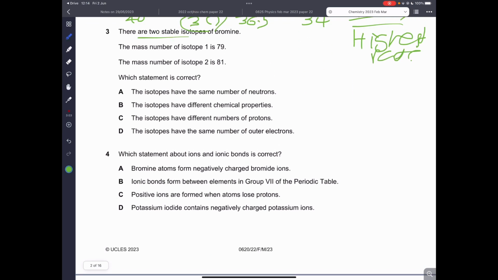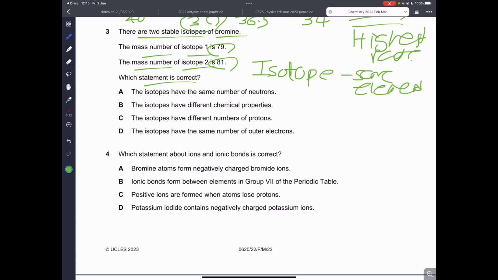Question number 3, there are 2 stable isotopes of bromine. The mass number of isotope 1 is 79, the mass number of isotope 2 is 81. Which statement is correct? Well, remember, isotopes are basically the same element, which means they have the same number of protons but a different number of neutrons.